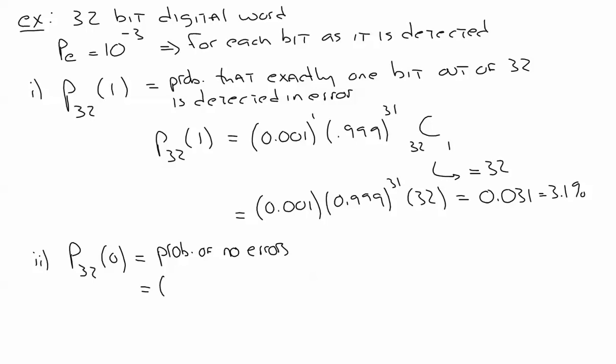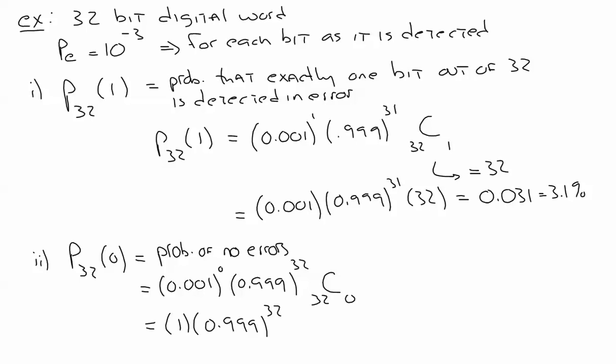Well, that's just 0.001 raised to the 0 power, times 0.999 raised to the 32nd power, and the combination of 32 things taken 0 at a time. This is 1 times 0.999 to the 32nd power, also times 1. The number of ways you can take 32 things 0 at a time is exactly 1.